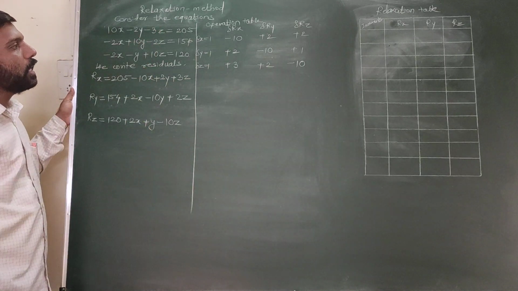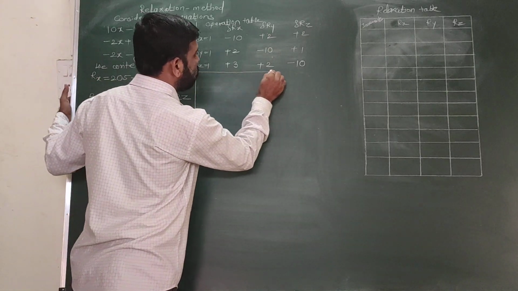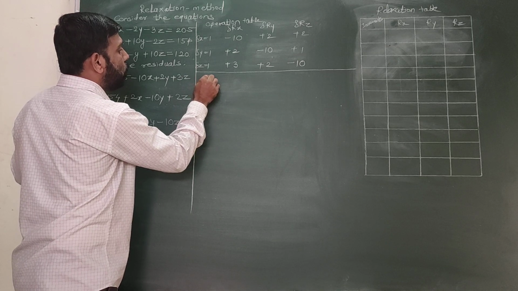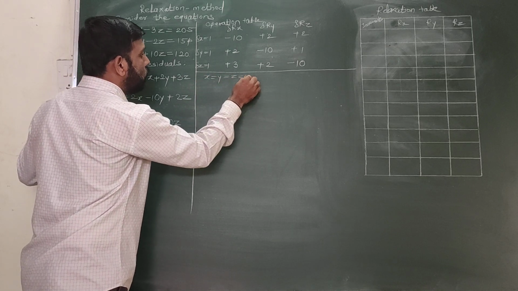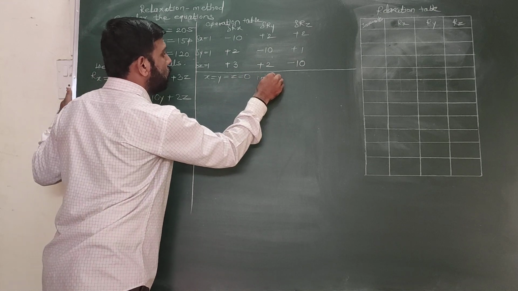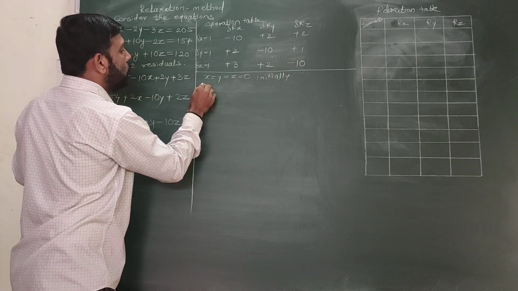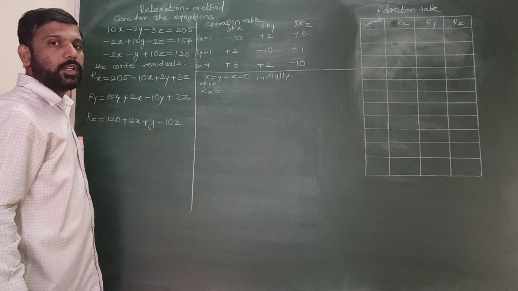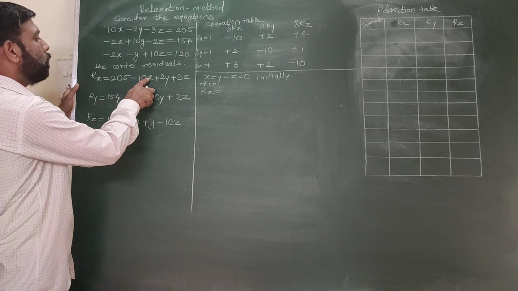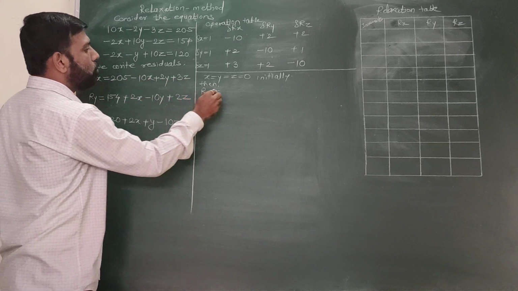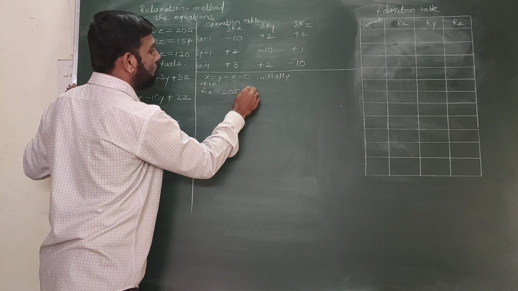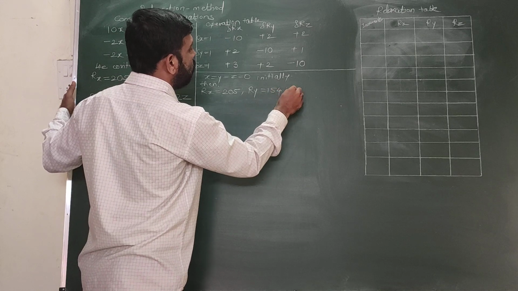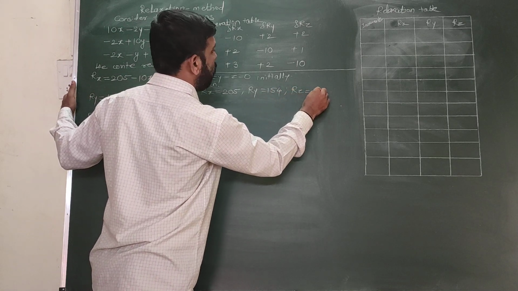Now we start with the relaxation table. For this, we start with the initial approximations: x, y, z equals 0 initially. Then we get r of x, the residual for the x variable. By substituting x, y, z equal to 0, it becomes 205. R of y is 154, and r of z is equal to 120.